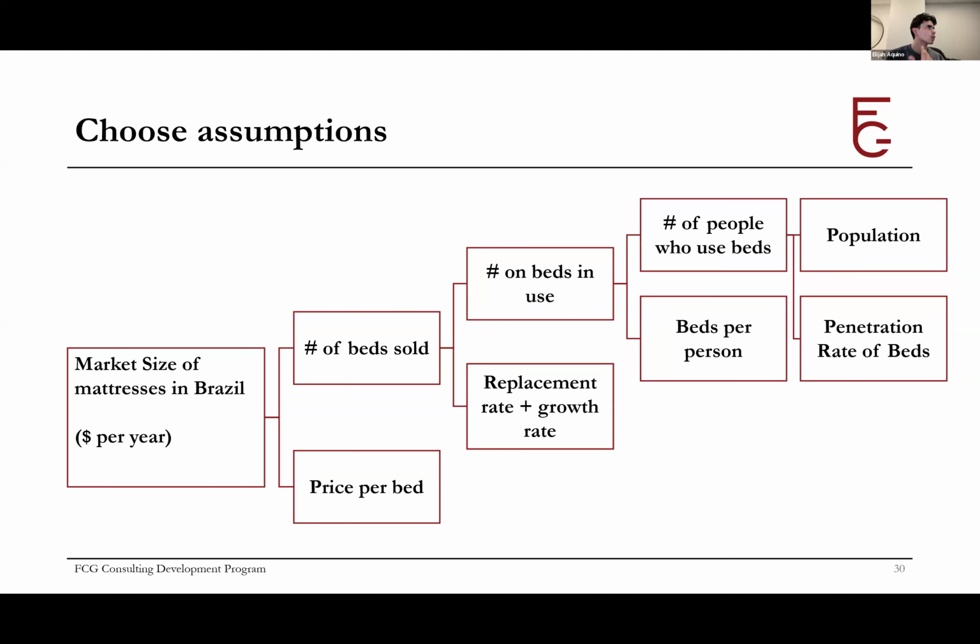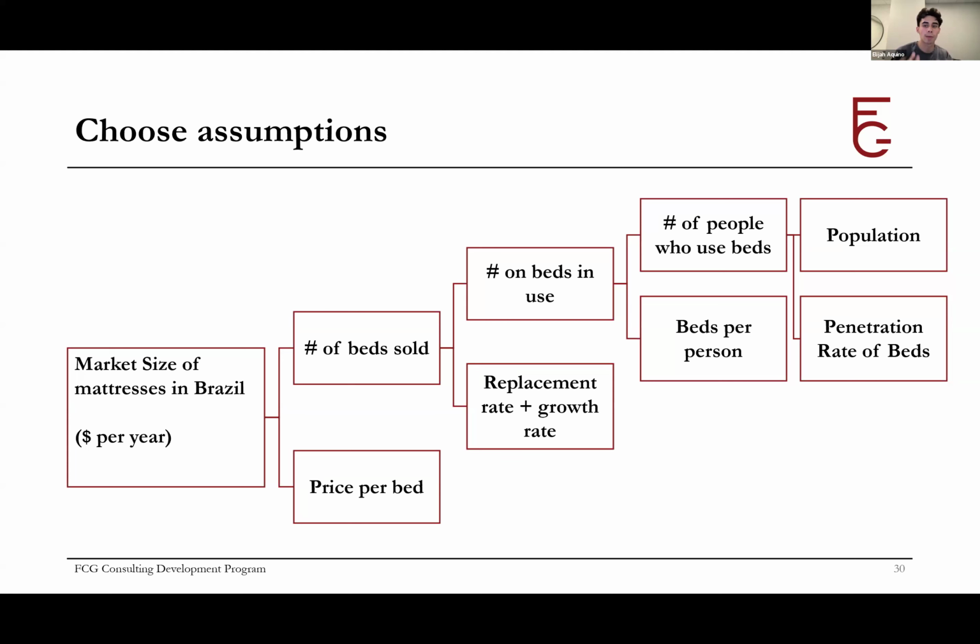Like, for example, 5% of the total population is repurchasing every year. Usually, you're bringing up a good point, but what you're kind of saying is a replacement rate, which we calculate for in our equation here, right? But what we're trying to calculate right now is the number of beds actually in use.